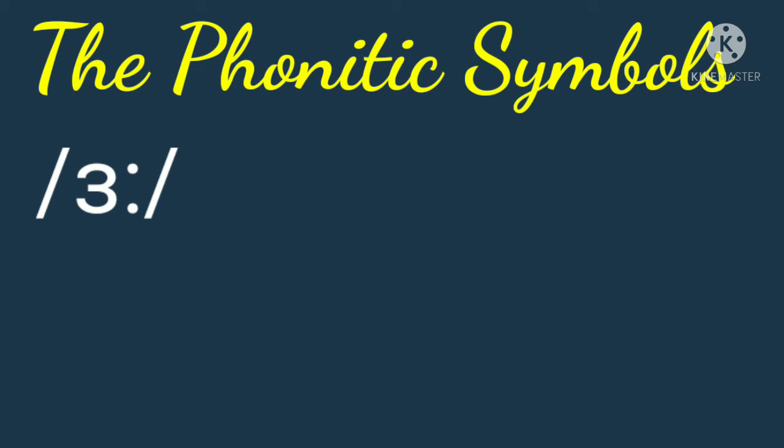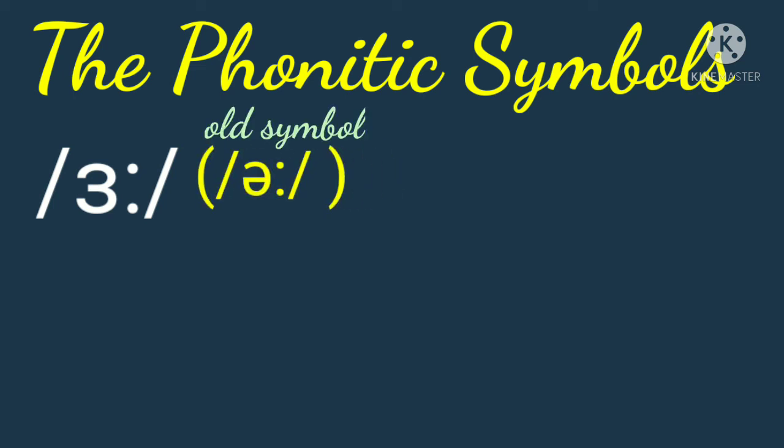You look at the board and understand how it has been written. Now the old form was a little different. Just write the inverted E, put 2 dots, then you get the symbol. But in modern dictionaries and books you find the first one, the latest one.